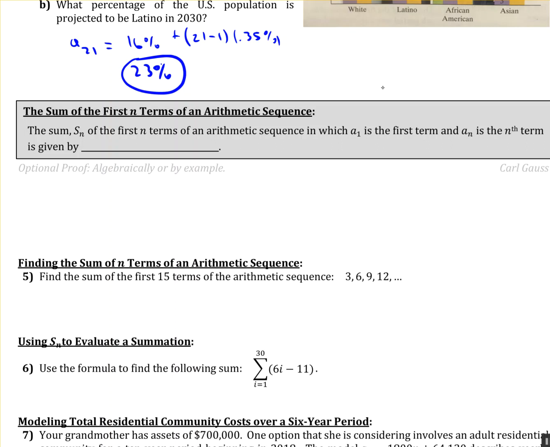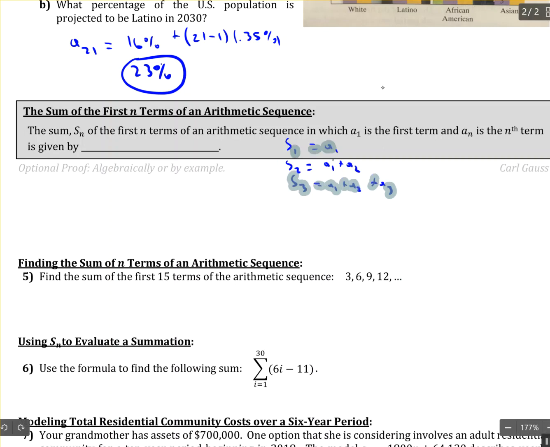So if I look at this, S_1 would be equal to A_1. S_2 would equal A_1 plus A_2. S_3 would equal A_1 plus A_2 plus A_3. This capital S sum generally means the sum of the first n terms.